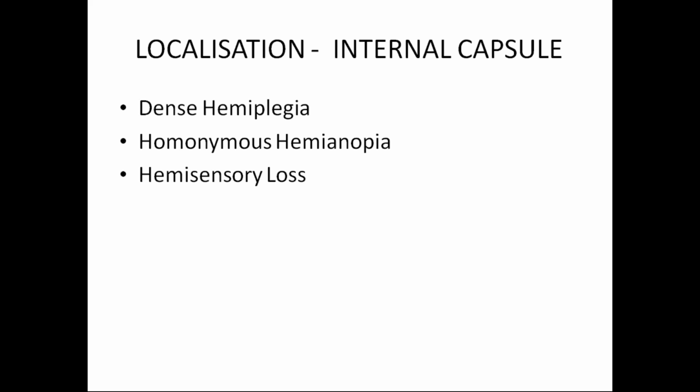Still it is the opposite side. As we remember, only after the crossing at the midbrain do your fibers cross to the other side, so it is still the opposite side. It is dense hemiplegia, because even a small infarct or a small bleed can result in a lot of area being affected. That is dense hemiplegia. Use this word, dense hemiplegia.